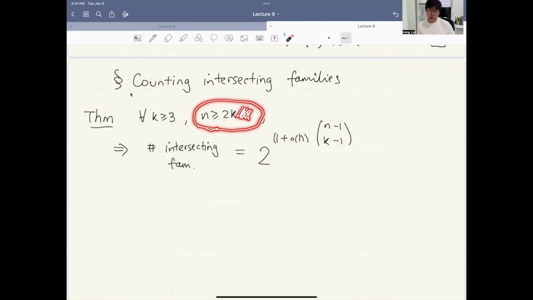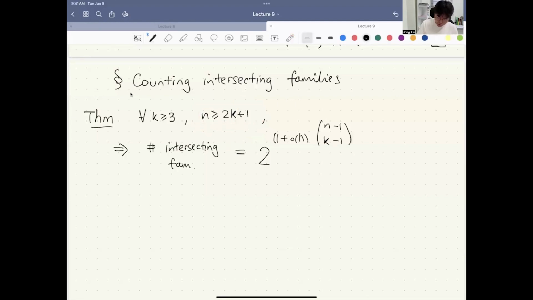It's true already for n at least 2k. So there is a reason we cannot hope to have n at least 2k as in Erdős–Ko–Rado. So this bound on n is also optimal. This is a result of Balogh, Das, Delcourt, myself, and Liu about 10 years ago in 2014.